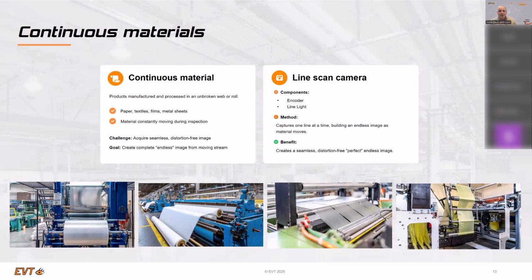For the line scan camera, exactly the same constraints apply as for the area scan cameras. With the line scan cameras, you have some advantages, of course.